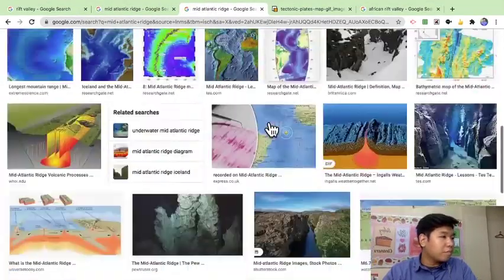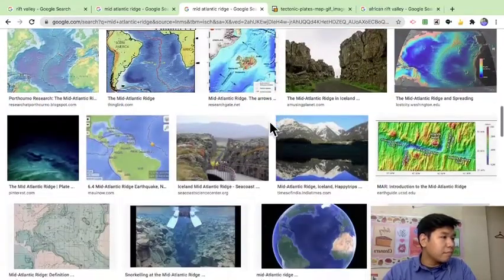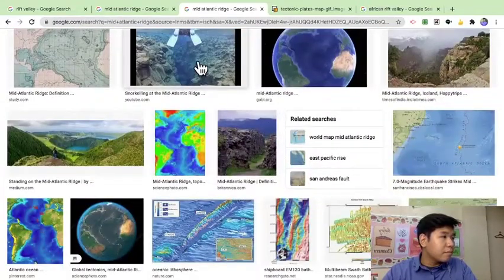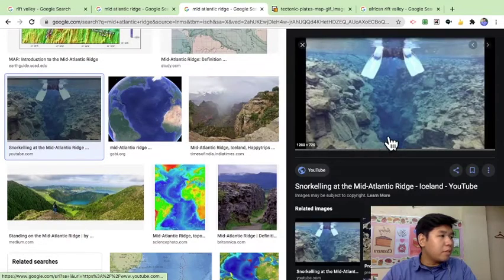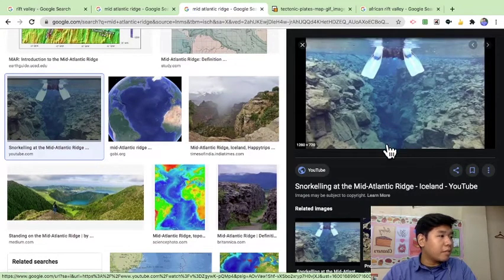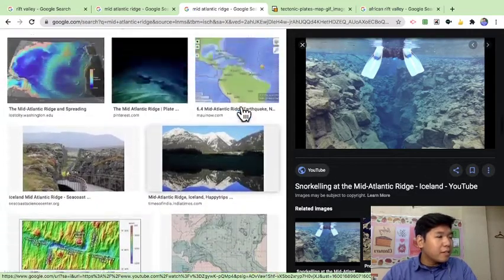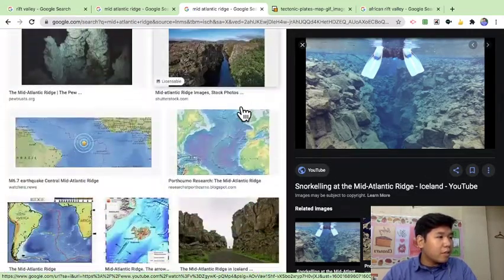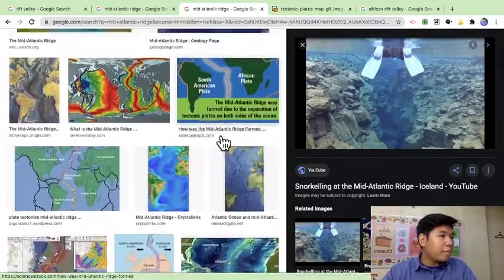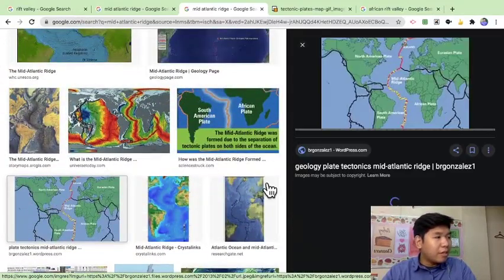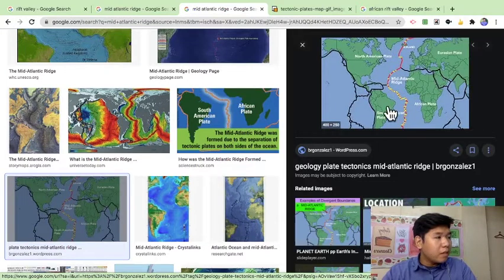This is part of the mid-Atlantic ridge. Again, the divergence of two oceanic plates creates a ridge. These plates are going away from each other, creating this landform in the middle.